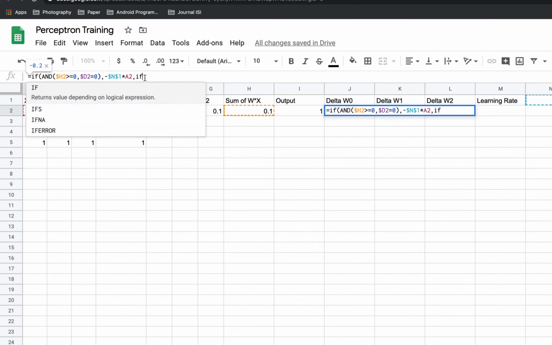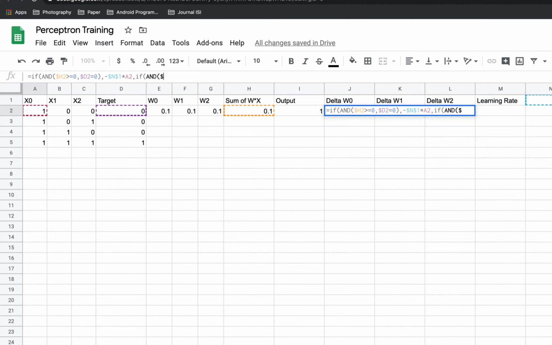Or if h2 is less than or equal to 0 and d2 is 1, the result from the network is negative but the target is 1.